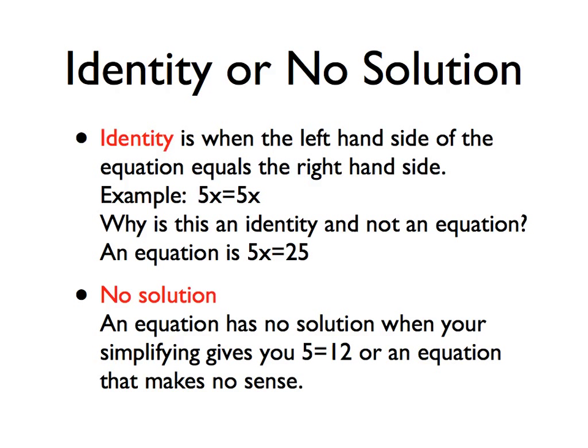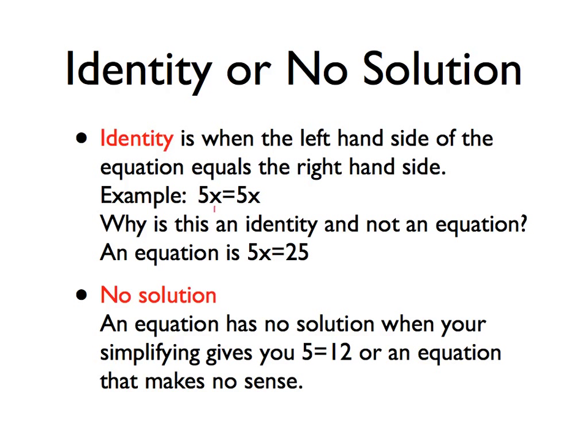Now this shows us some important vocabulary we need to understand when dealing with these lessons. Identity. An identity is when the left-hand side of the equation equals the right-hand side. For example, 5x equals 5x. You may be asking why this is an identity and not an equation. That's because x can be multiple things.